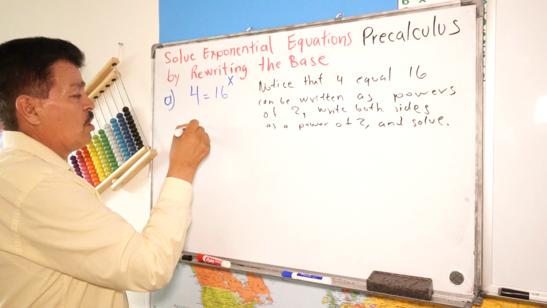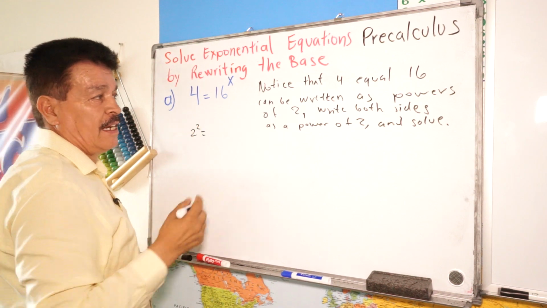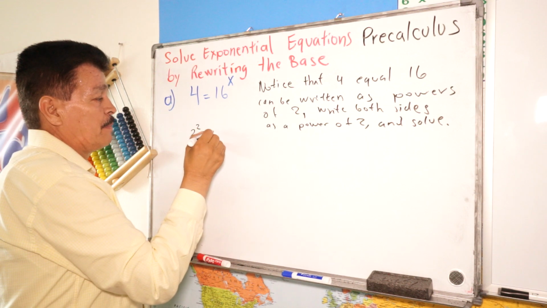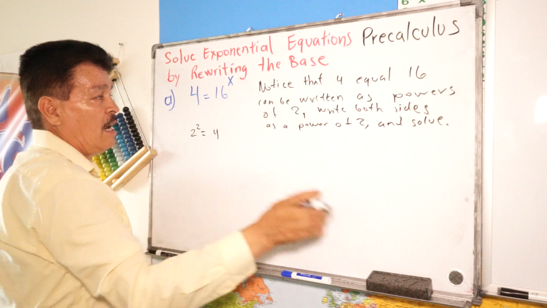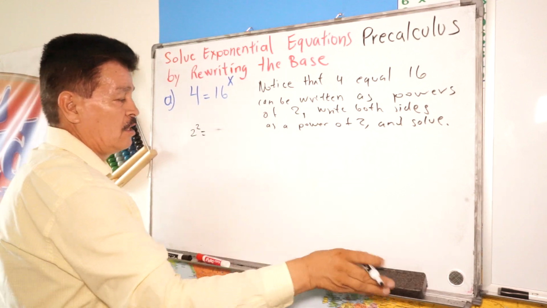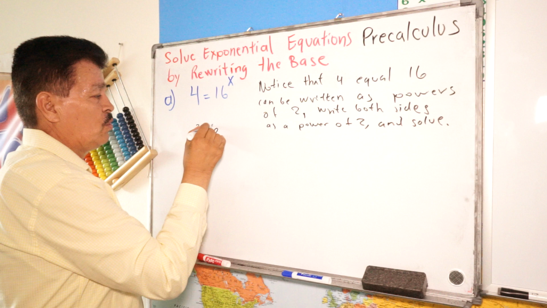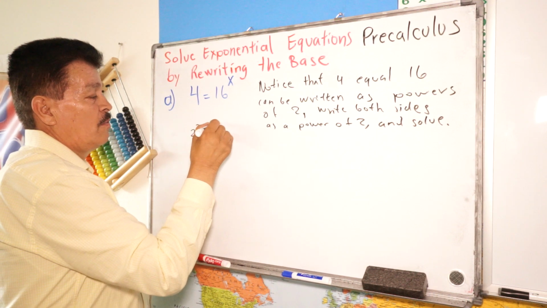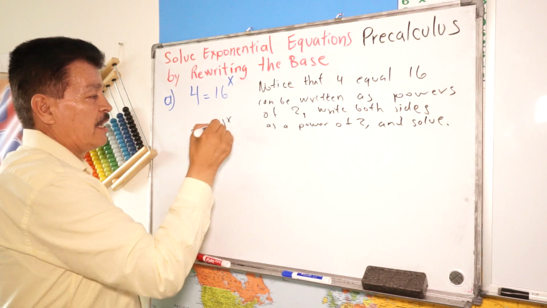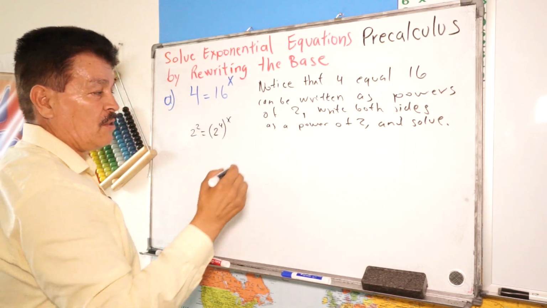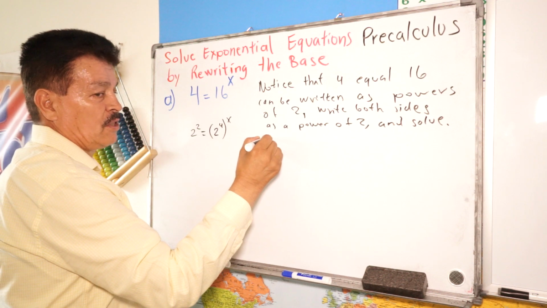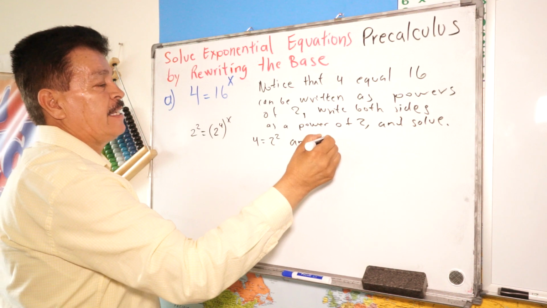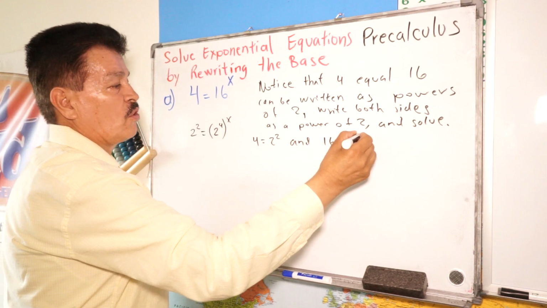Let's write 2 to the second power, like I write it here, equals 4, and 2 to the 4th power equals 16, so 16 to the x power becomes 2 to the 4th power to the x. So this is 4 equals 2 to the second power, and 16 equals 2 to the 4th power.